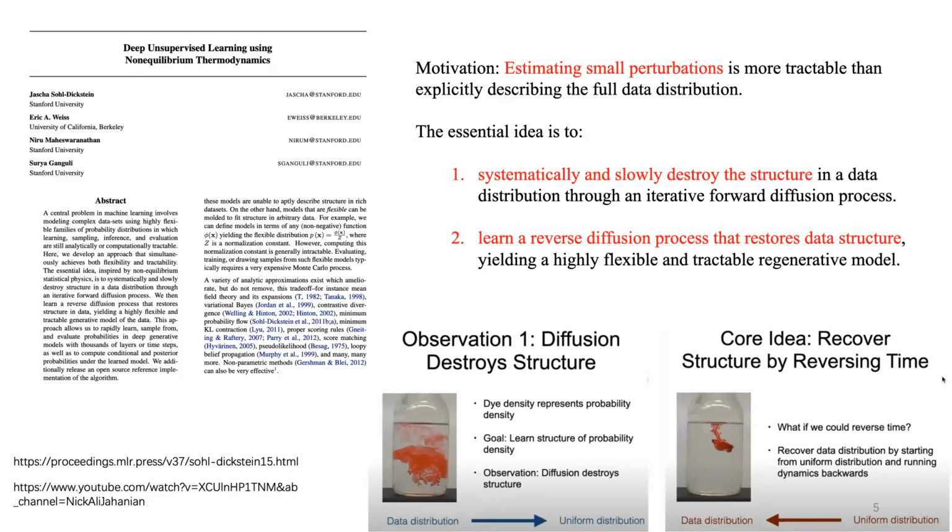You can see this picture: it's like putting some dye into water, and the water diffuses, and then the structure is destroyed. The core idea is that we recover the structure by reversing the time.